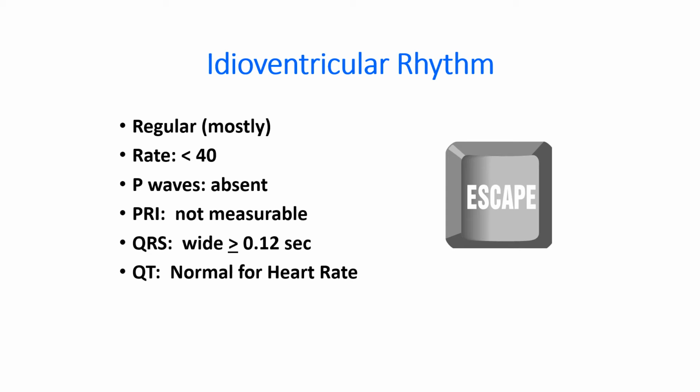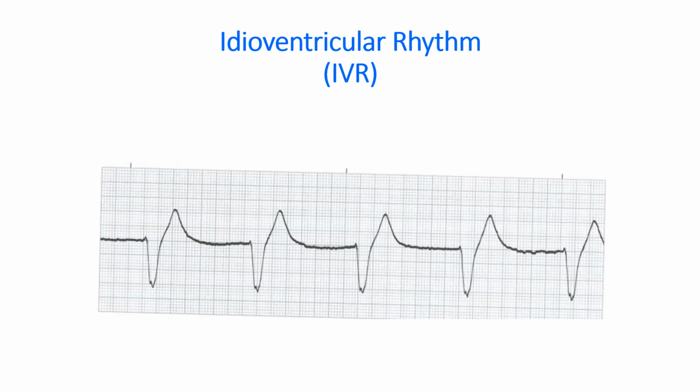So the QRSs are wide, usually equal to or greater than 0.12. Oftentimes the QT would be normal for the heart rate because it's going to be a slow heart rate. And sometimes you'll see this called the idioventricular escape rhythm. Or you may hear it be called IVR.